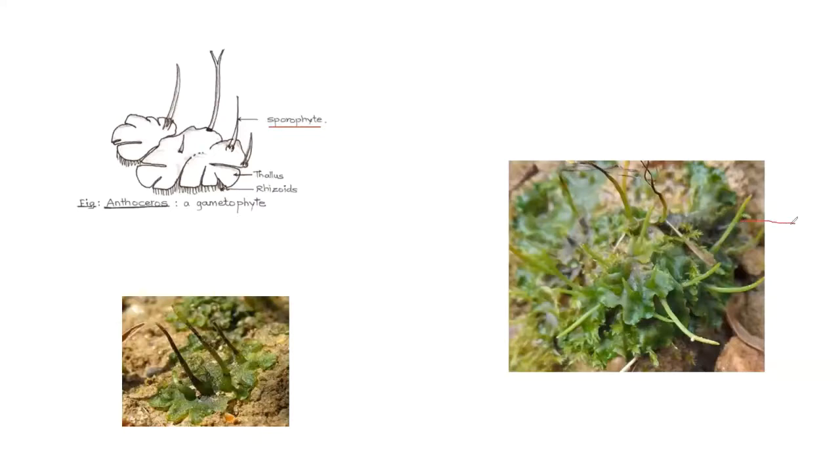In this photograph also you can clearly make out. I have given another name to the sporophyte, and that is sporogonium. So sporophyte and sporogonium are synonyms. Okay, so we are talking about the sporophyte of Anthoceros.